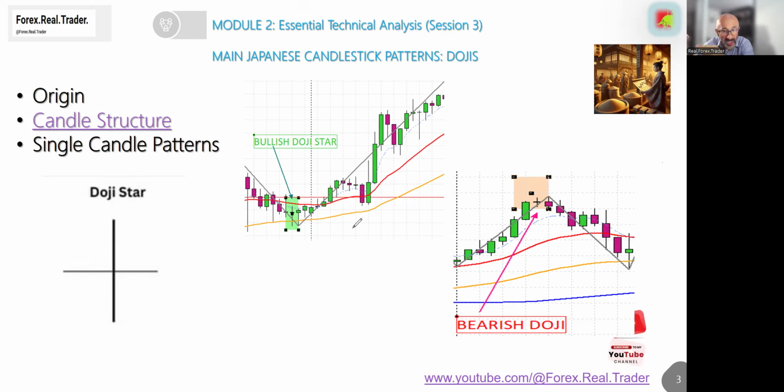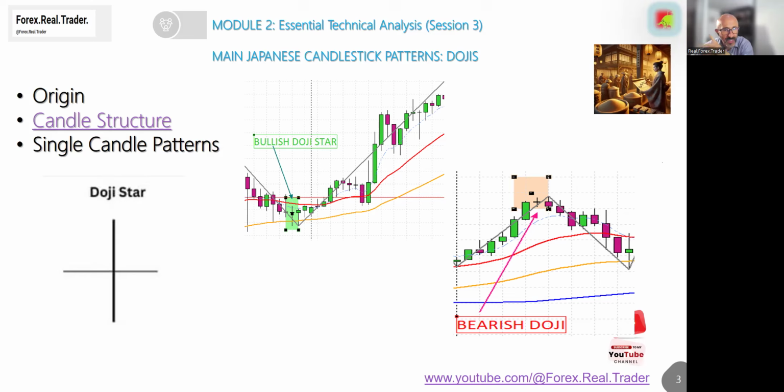Or continuation, depending on the momentum and depending on the point that you are observing the market, right? Dojis can appear after a very strong bullish or a very strong bearish market. And when they appear, it's because there is a shift in the momentum, okay? And that is the indecision, okay?